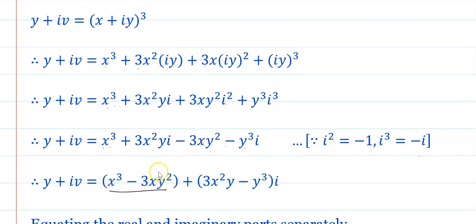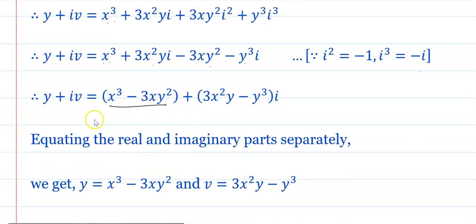This is the real. What about the imaginary? 3x square yi minus y cube i. Collect the i. Okay. Equating the real and imaginary part. Therefore, y is equal to x cube minus 3xy square. Next, v is equal to 3x square y minus y cube.